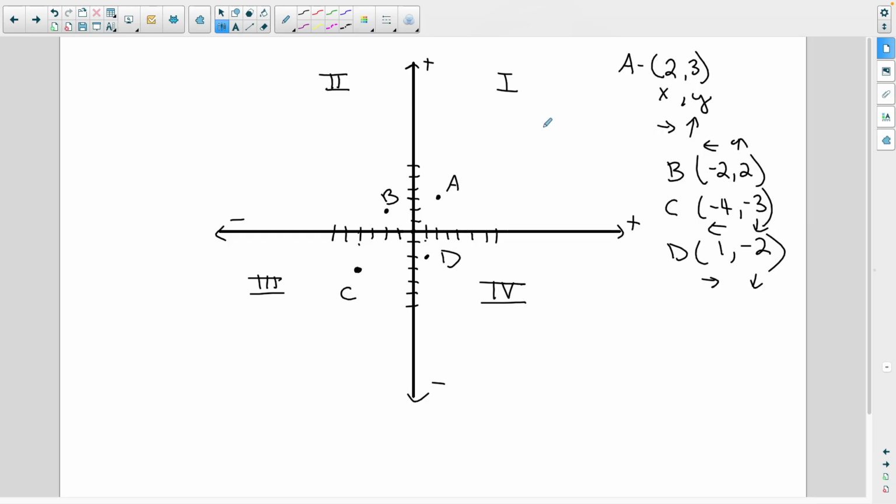And if you notice, our coordinates in quadrant 1 are positive, positive. Quadrant 2 is negative, positive. Quadrant 3 is negative, negative. And quadrant 4 is positive, negative. Again, I'm introducing this to you, and this is something that you really need to know down the road.